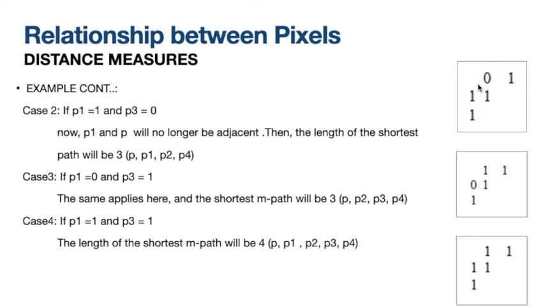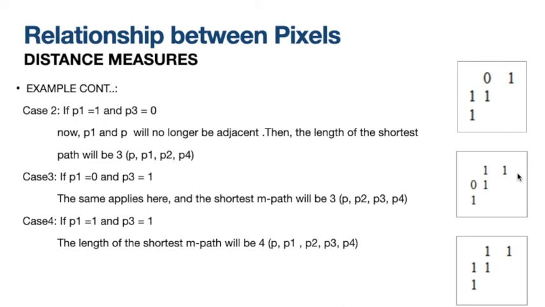Now P1 and P will no longer be adjacent. Then the shortest path will be P, P1, P2, P4, so the distance will be 3. Then in case 3, P1 equal to 0 and P3 equal to 1, the same applies here also, so the shortest m-path or Dm distance will be equal to 3.